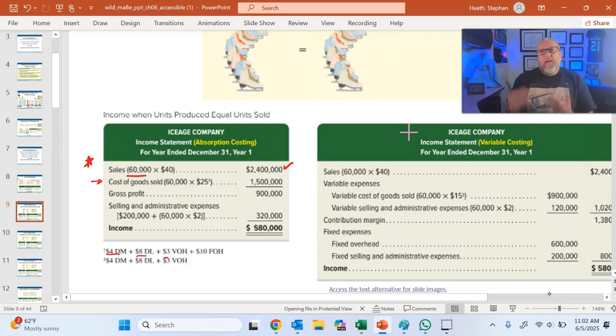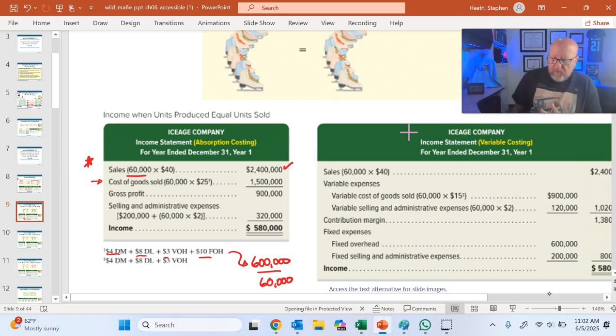And we also said the variable manufacturing overhead is $3 a unit. And then fixed manufacturing overhead is 600,000 a year, and we are going to produce 60,000 units. Okay? And the important thing to remember is that we are selling all of those units.